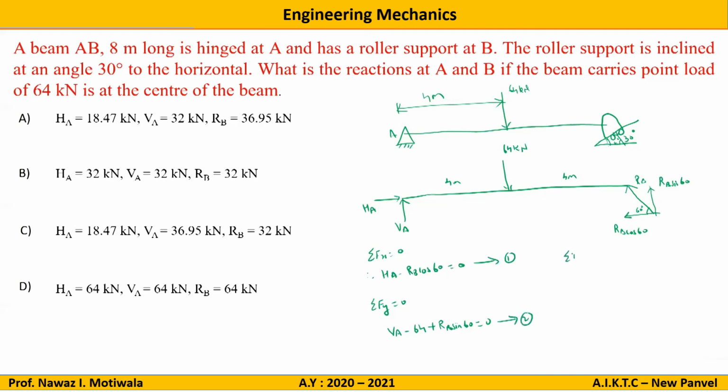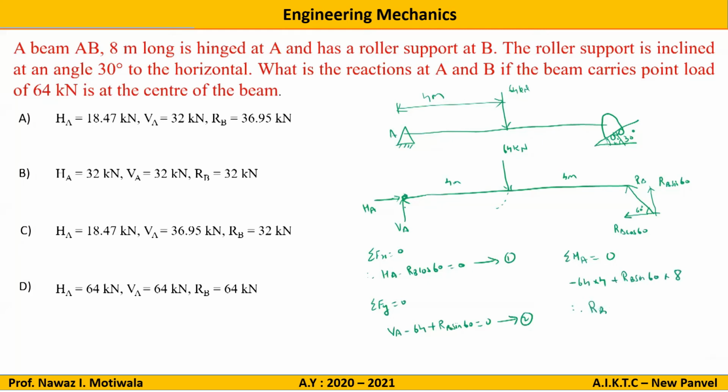Now the third equation is summation of moment about any point should be 0. Let us take moment about point A. These two forces pass through the same point, so the moment will be 0. This is making a clockwise moment, so it will be minus 64 into 4. The RB component passes through the same point, so the moment will be 0. This force makes an anti-clockwise moment, so it will be plus RB sin 60 multiplied by the distance 8.